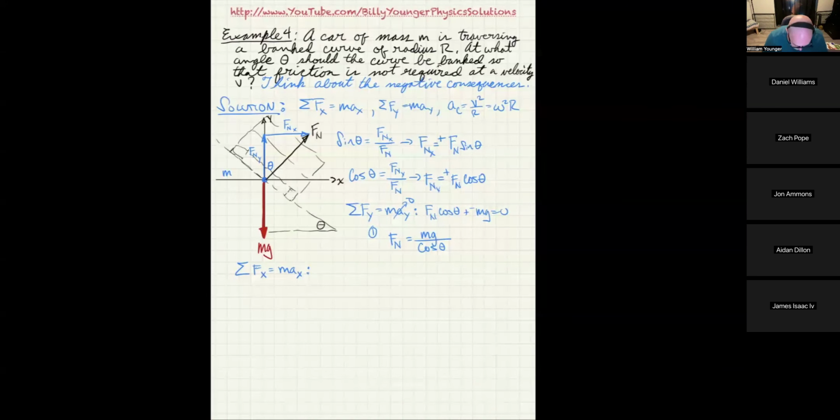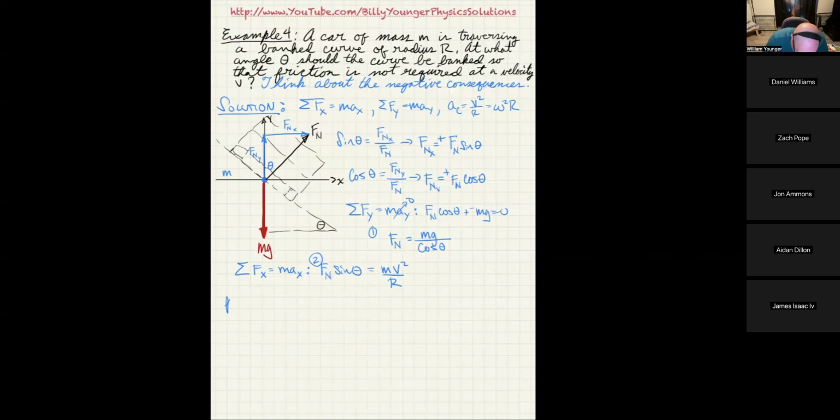And here's what we do. It turns out there's only one force acting in the x direction. It happens to work in the positive direction, and it's Fn sub x. So I'm going to say Fn times the sine of theta is equal to m v squared over r. That's equation 2. Okay?